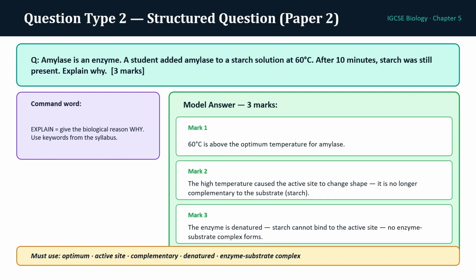Notice this answer has 5 syllabus keywords: optimum, active site, complementary, denatured, enzyme substrate complex. Every one is in the mark scheme. A common student mistake is writing the enzyme was killed by the heat. That gets 0 marks. Use correct biological language.